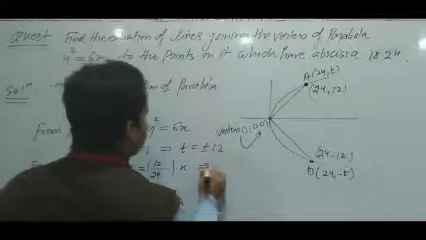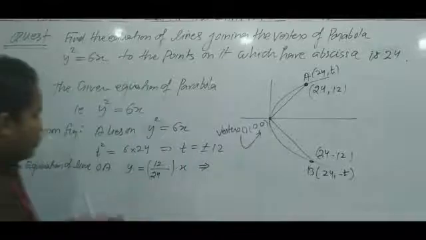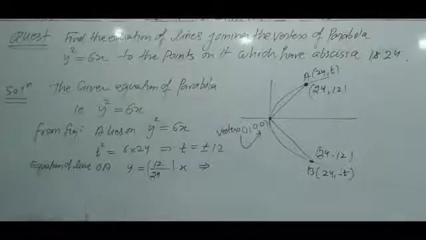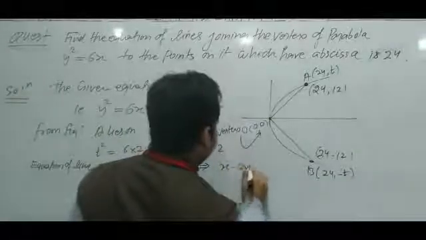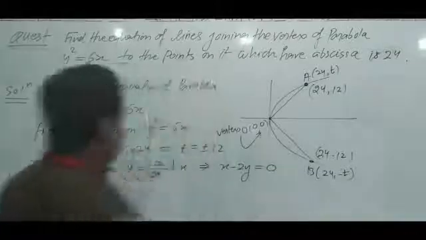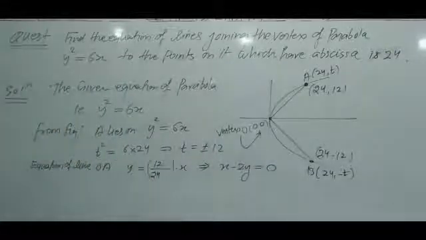This expression we can solve: x minus 2y is equal to 0.